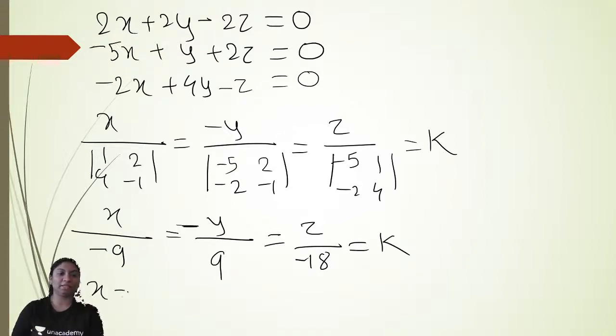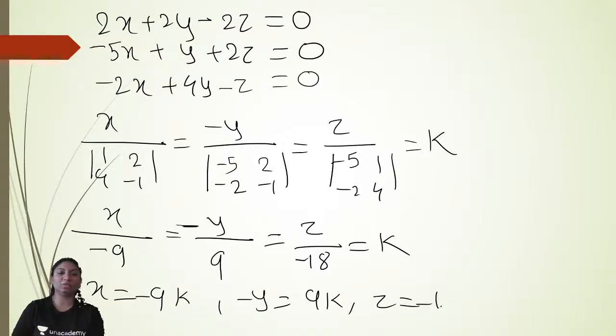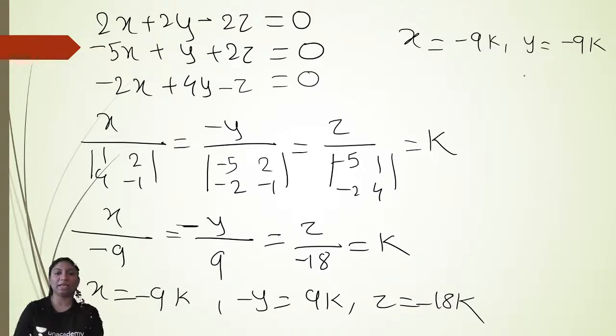So you'll get x is equal to minus 9k, minus y is equal to 9k, and z is equal to minus 18k. So x is equal to minus 9k, y is equal to minus 9k, and z is equal to minus 18k.